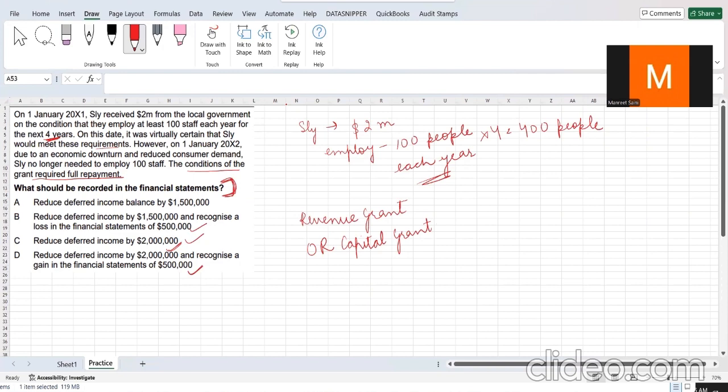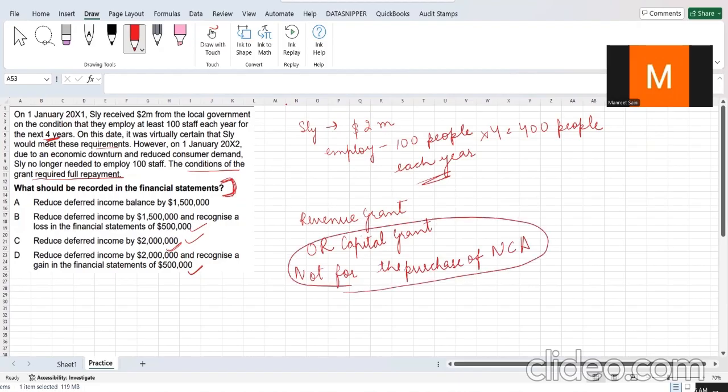So, no, it is not for the purchase of non-current asset. And because it is not for the purchase of non-current asset, then it is not a capital grant. Okay?